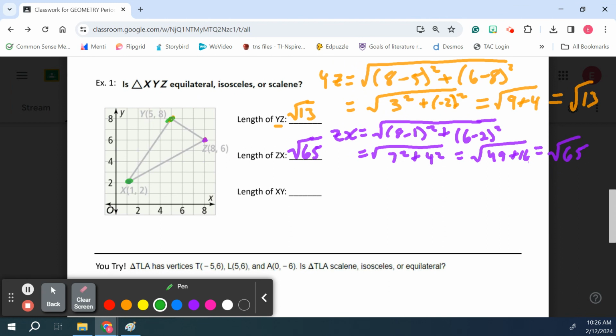So now we're talking about x, y, which I'll represent in green. So we're going to have x, y equals the square root of 5 minus 1 squared plus 8 minus 2 squared.